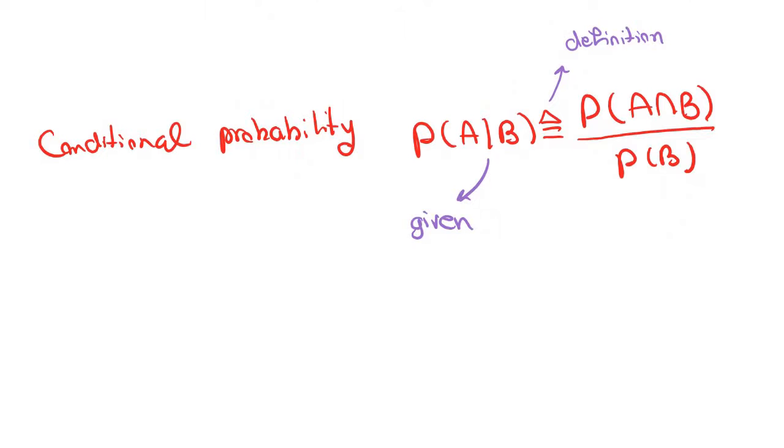Therefore, you can easily write probability of A intersection B equals probability of A given B times probability of B.